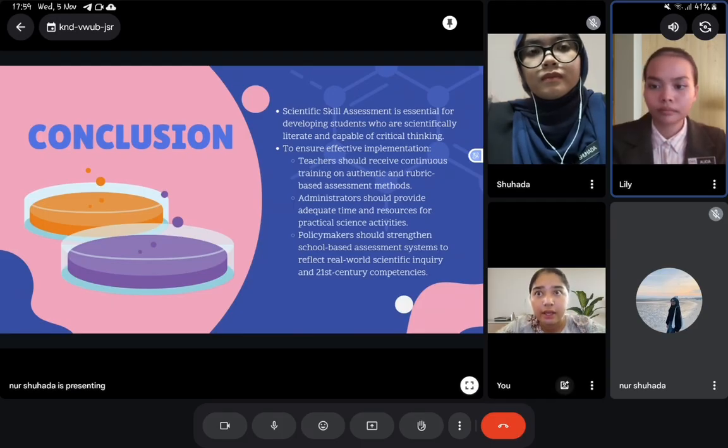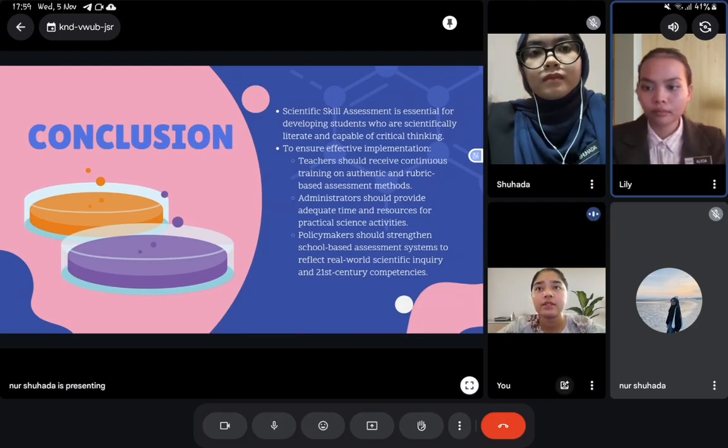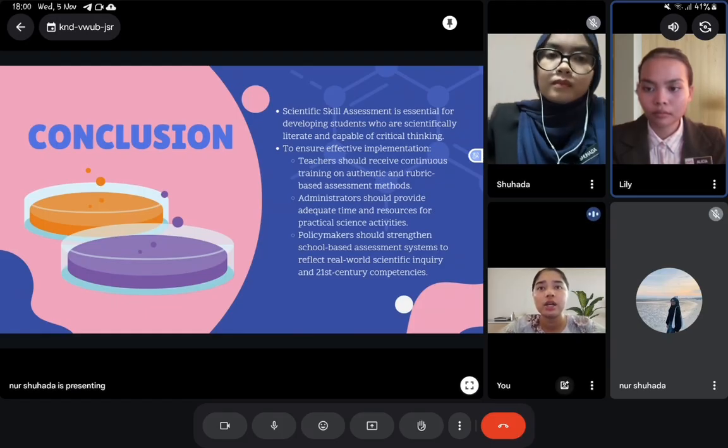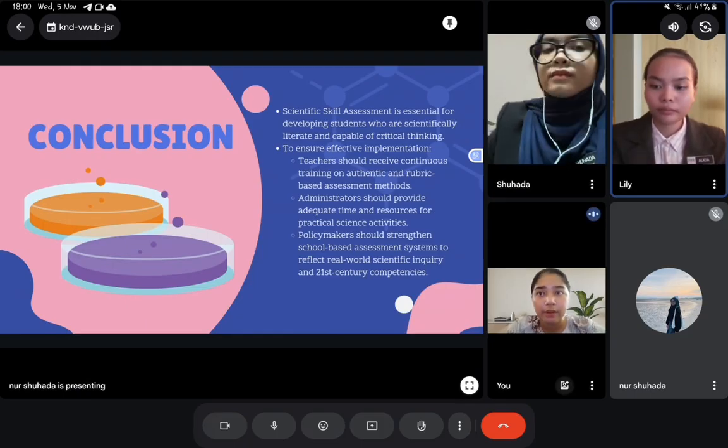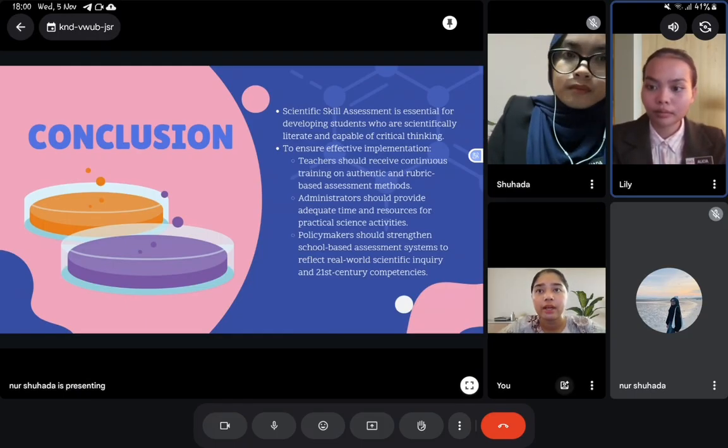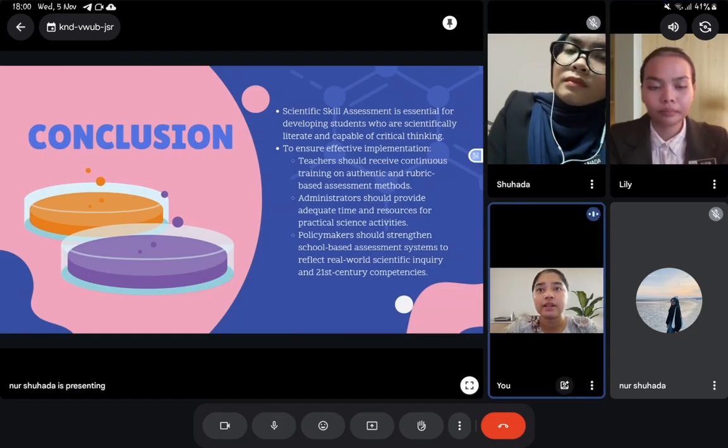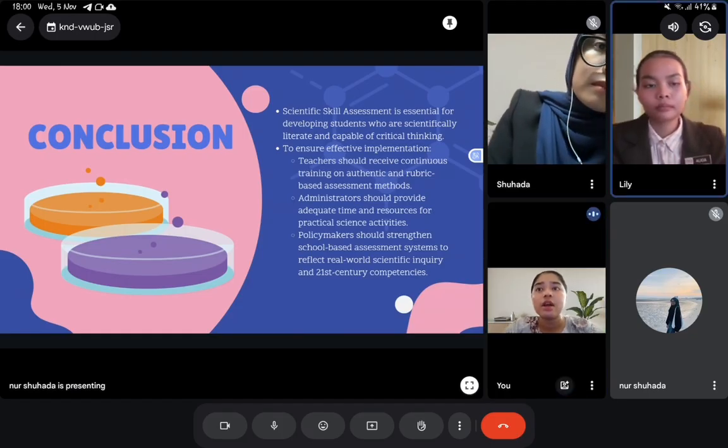Authentic assessment involves real-life tasks such as experiments, projects, or scientific investigation that require students to apply their understanding rather than merely recall facts. Rubric-based assessment means teachers provide clear criteria for evaluating student performance, ensuring fairness and consistency.